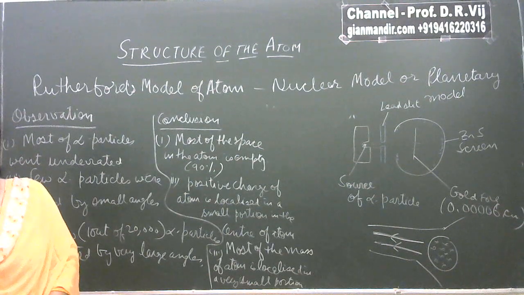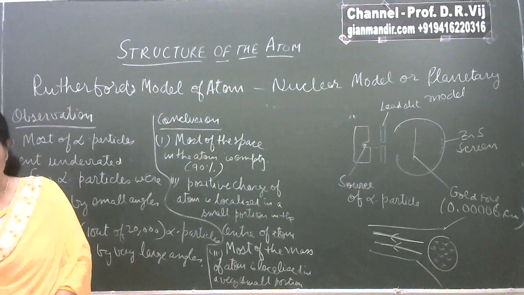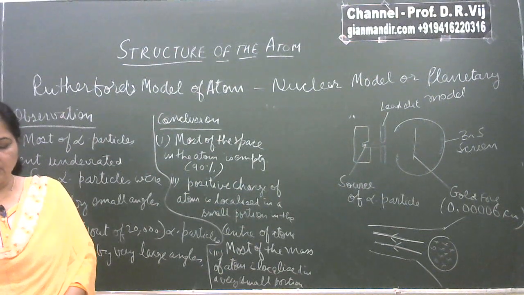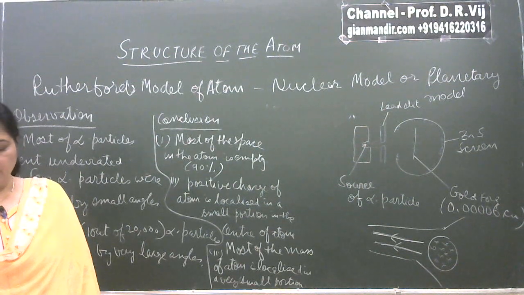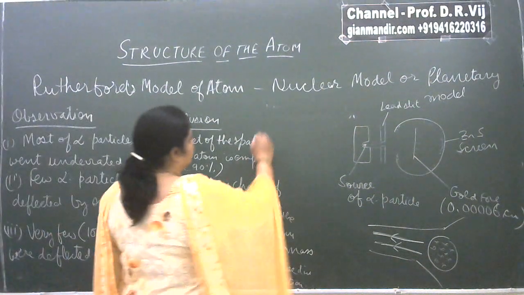On the basis of these conclusions and observations, Rutherford gave a model of the atom that is known as the nuclear model of the atom, which is also known as the planetary model of the atom.